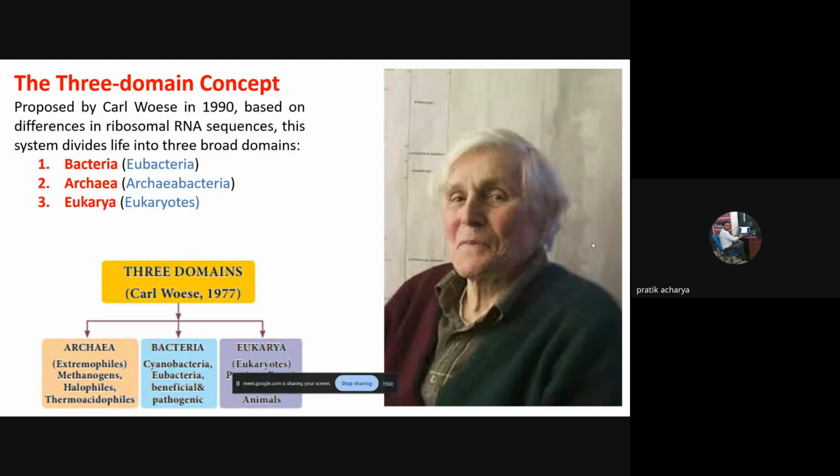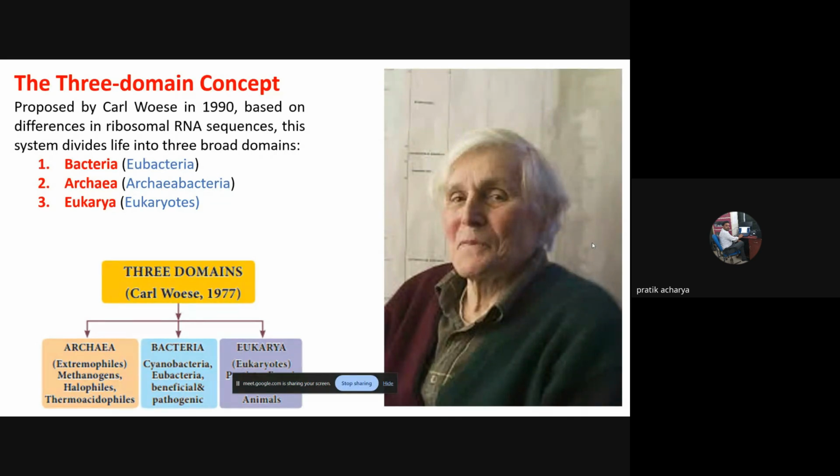But from the evolutionary point of view, the rRNA, ribosomal RNA, provides the evolutionary evidence. So this system divides life into three broad domains.